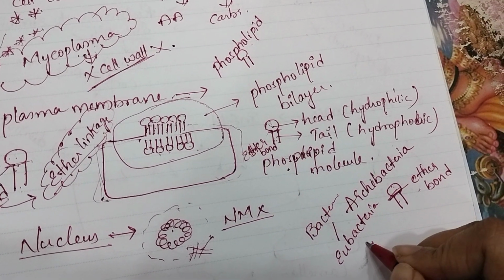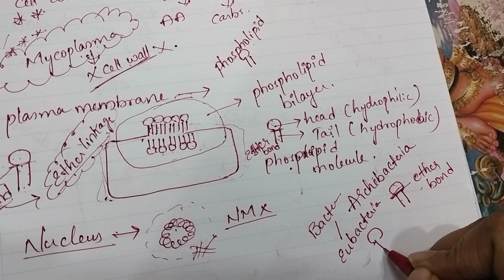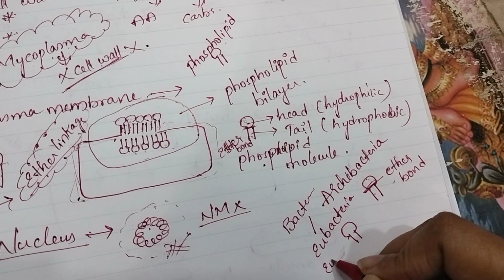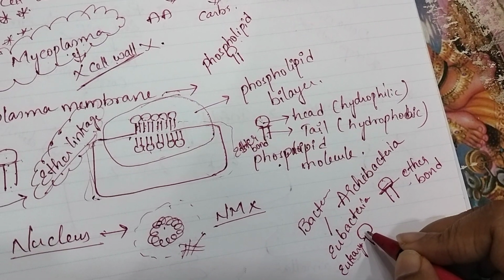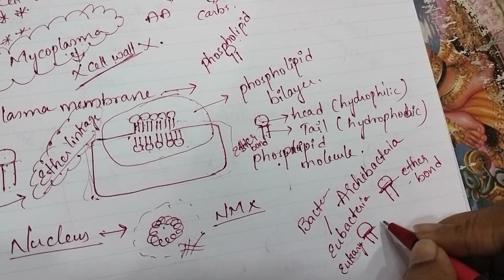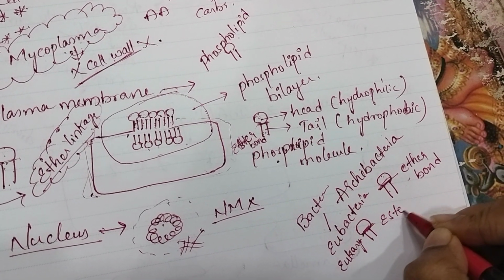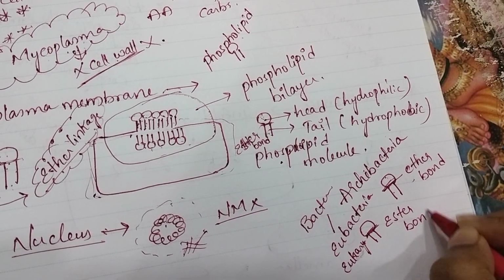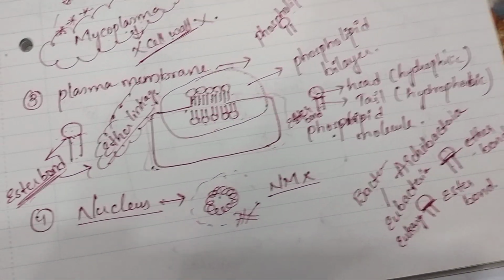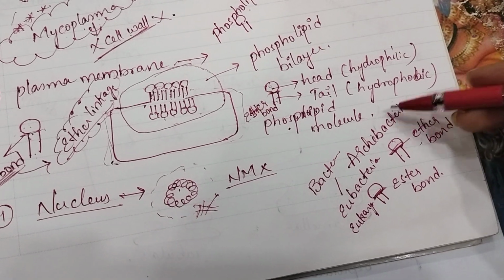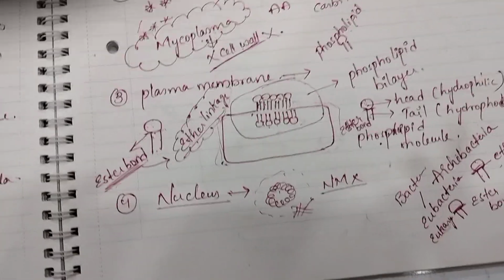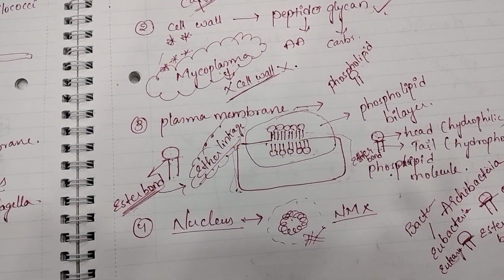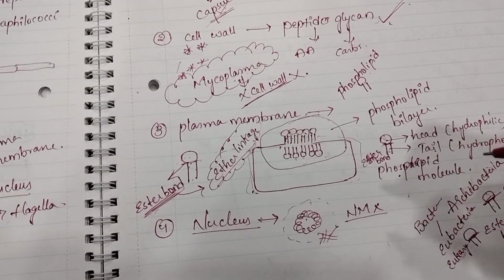In case of eubacteria and also eukaryotes, an ester bond is present between the head and tail. This is the difference between the archaebacteria plasma membrane and the eubacteria plasma membrane. So this is all about the plasma membrane.